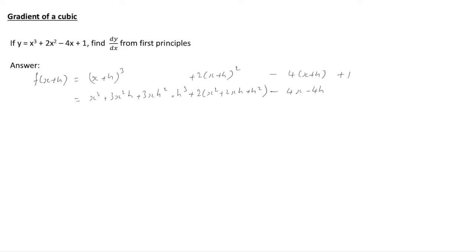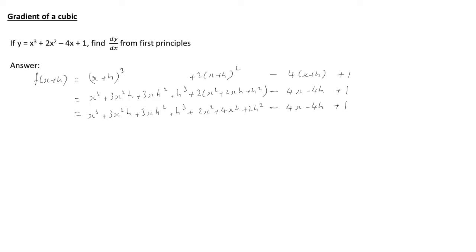Remember, the minus combined with the plus h becomes a minus 4h. And then we've got our plus 1 at the end. And then finally we'll multiply out that middle bracket there, and that gives us that very long thing, which I'm not going to read out. So that's our f of x plus h.